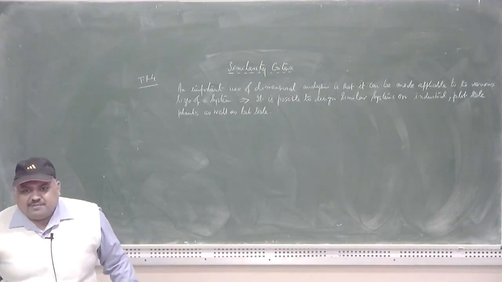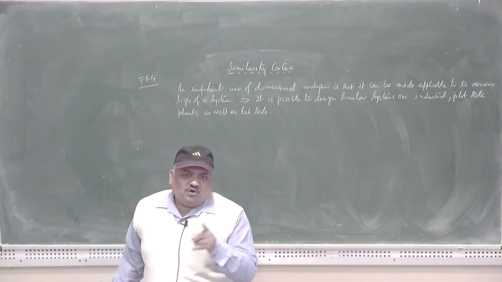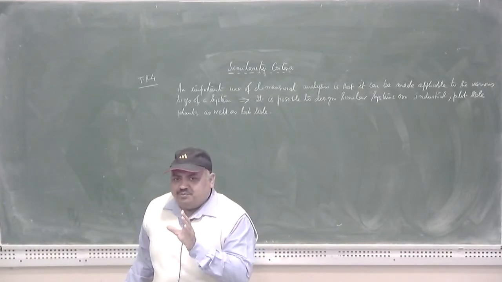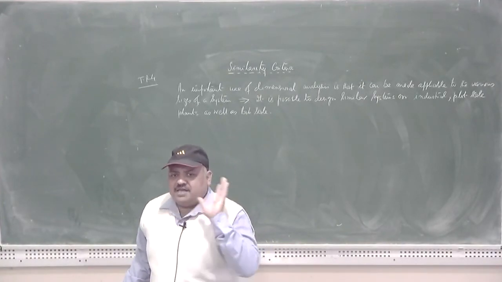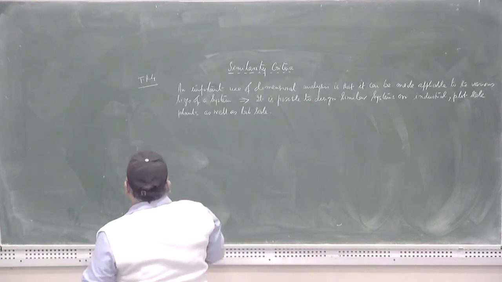And similarly on the live scale as well, you have to adopt the same ratio of the dimension, that is the length by diameter ratio, if you would like to prepare a model for a live scale blast furnace.